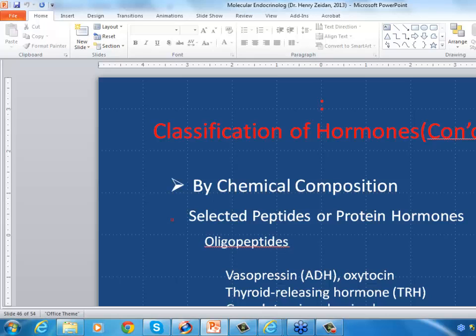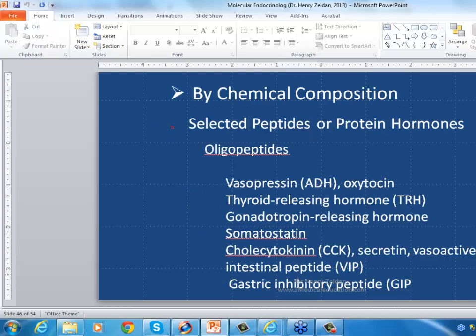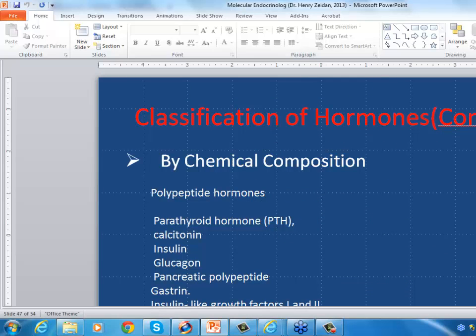It can be selected peptides, oligopeptides made up of several amino acids. ADH follows this pattern. TRH, thyrotropin releasing hormone, follows this pattern. Gonadotropin releasing hormone follows this pattern. Somatostatin follows this pattern. CCK, secretin, vasoactive intestinal peptide follows this pattern. Gastric inhibitory peptide follows this pattern.